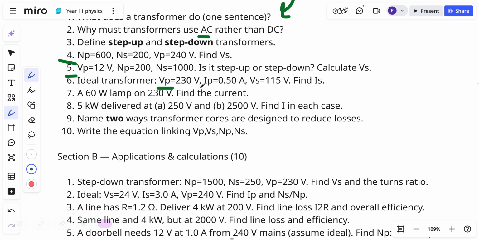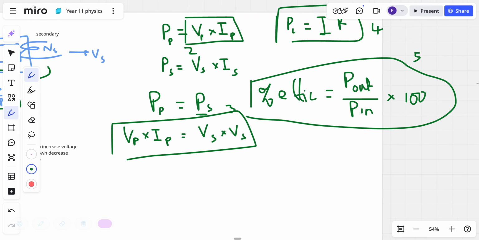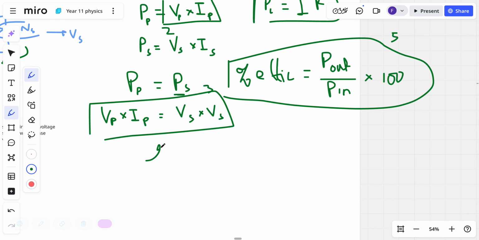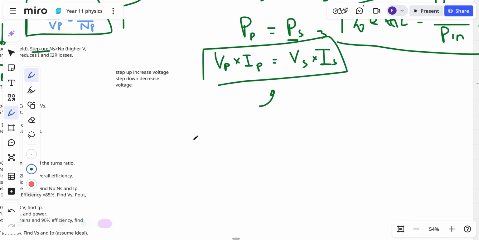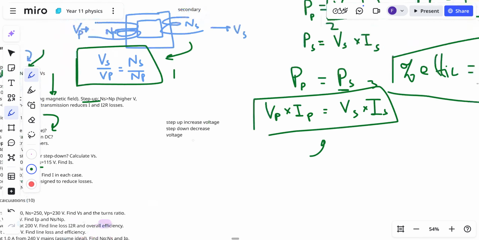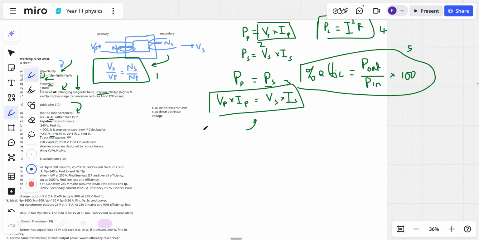You've got VP, IP, VS. This is the power one. VP, IP, VS. Oh, and I was so busy talking, I put a VS twice. That should be IS. I stands for current, especially if you're new. I is a symbol for current.